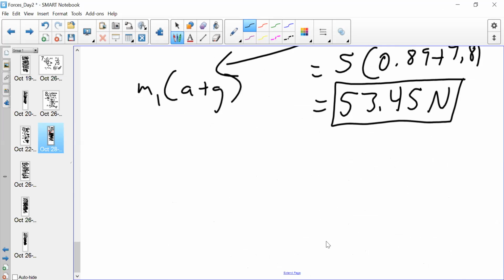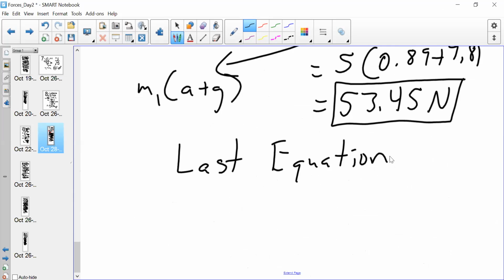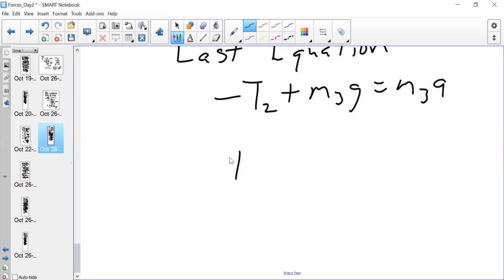And then T2, let's see, we can choose any one of these. We choose the last one because we don't have to deal with T1 again. So we can look at the last equation. We have negative T2 plus M3G equals M3A. Let's put T2 on the other side, and then we'll just have M3G minus M3A.